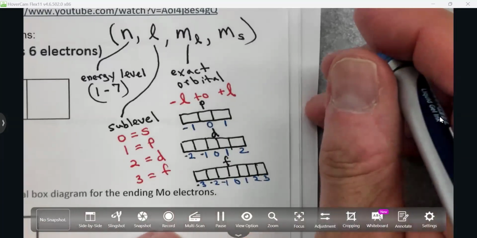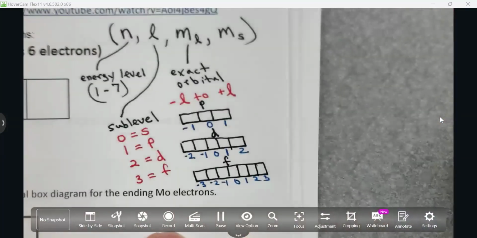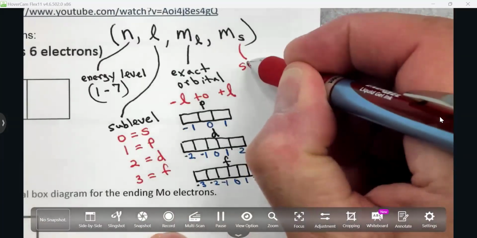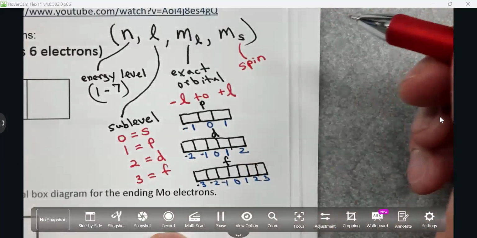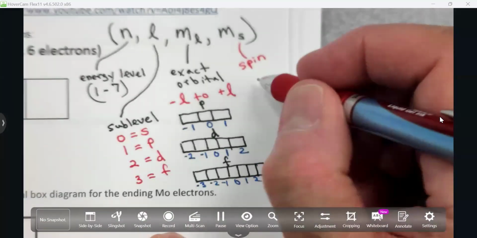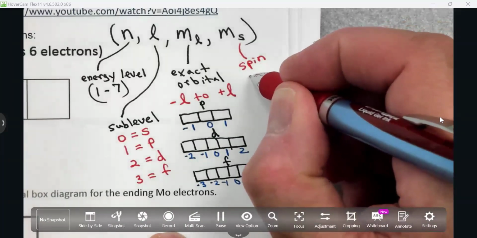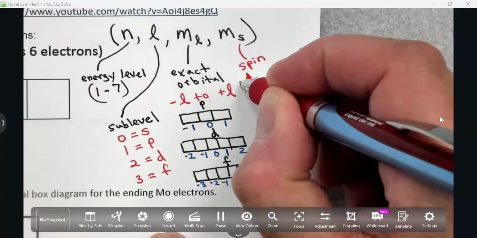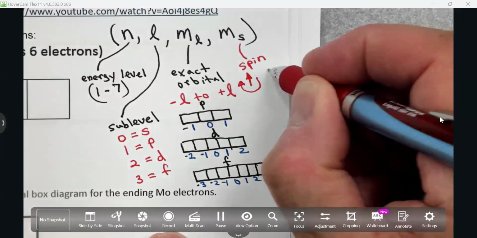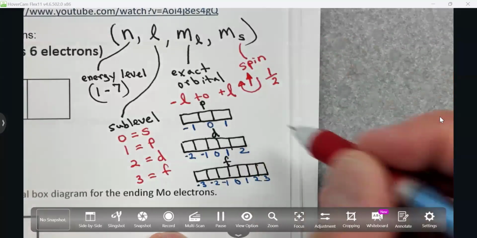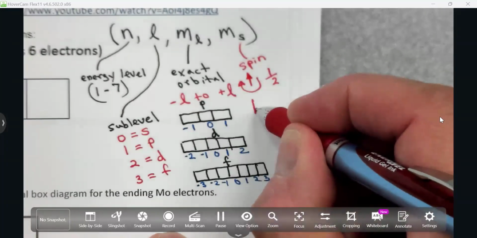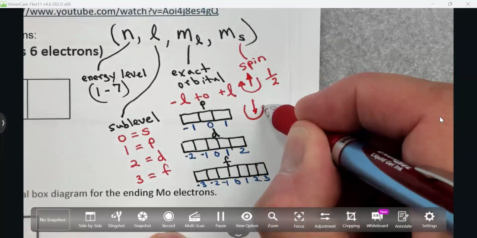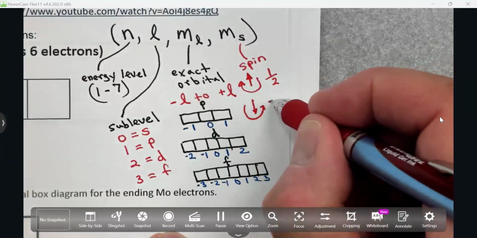And the last quantum number is spin. For the spin quantum number, if it's an up arrow going counterclockwise, it's +1/2. And if it's a down arrow, -1/2.